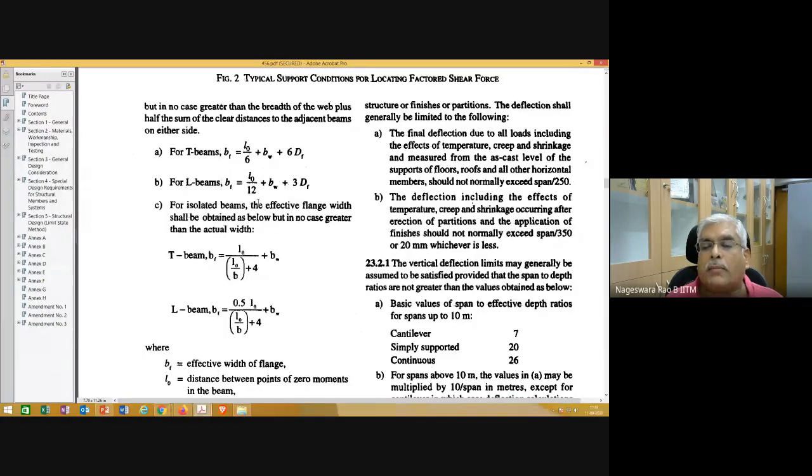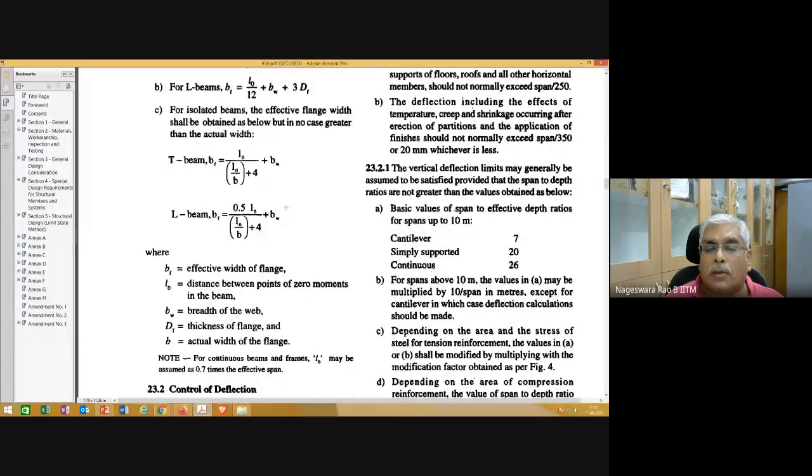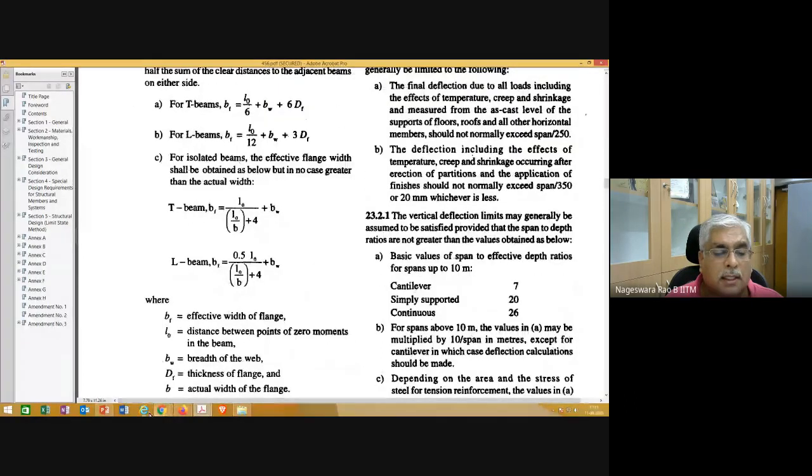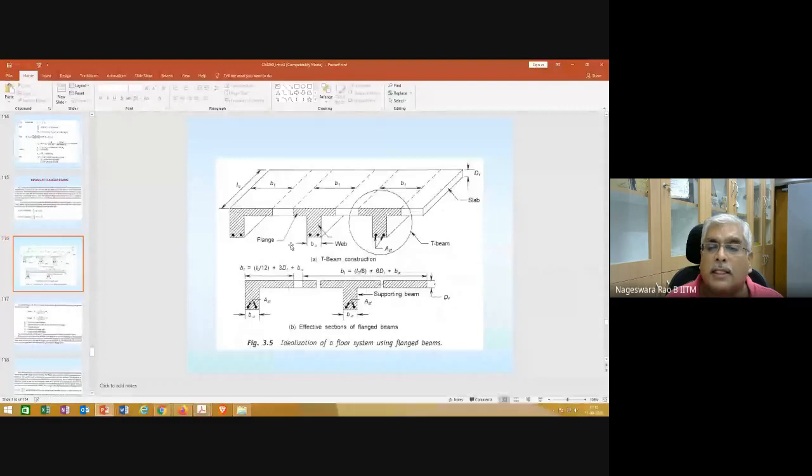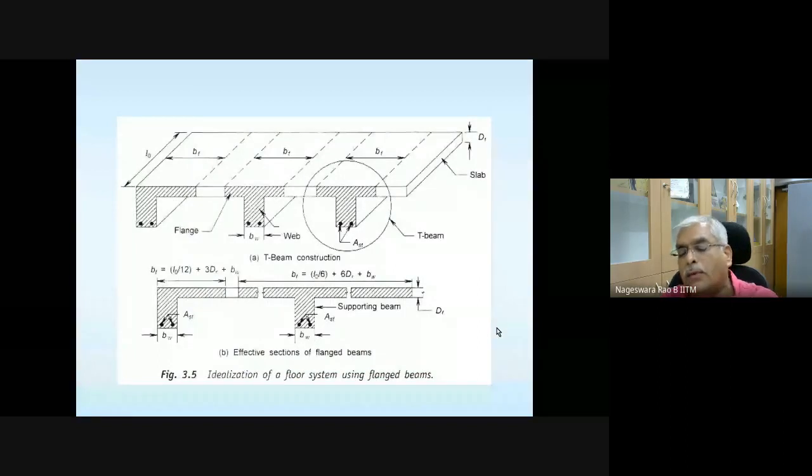This is for a floor system in which you have the intermediate beams and the end beams, such kind of things. Okay, and please note that if these beams are continuous, you have already undergone the structural analysis course, so you know what a continuous beam is: a beam which is supported on several supports.